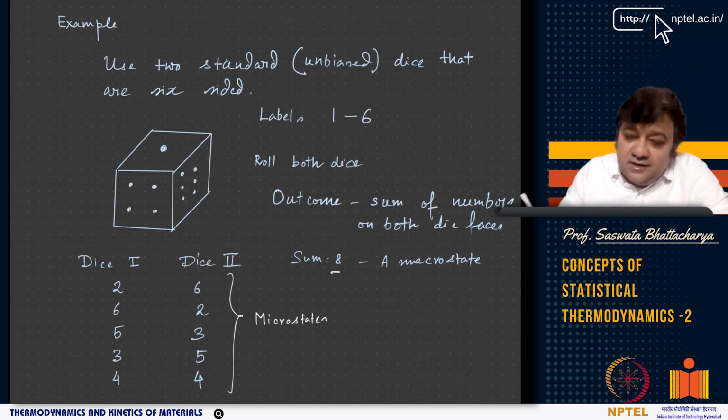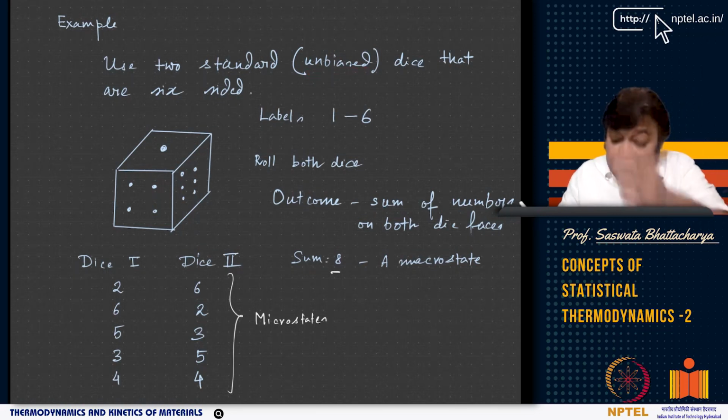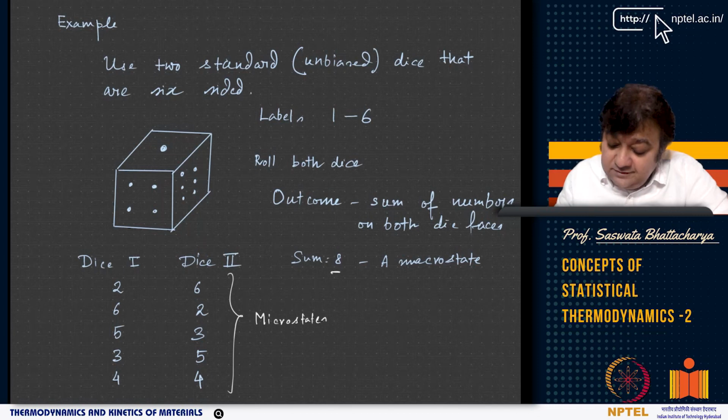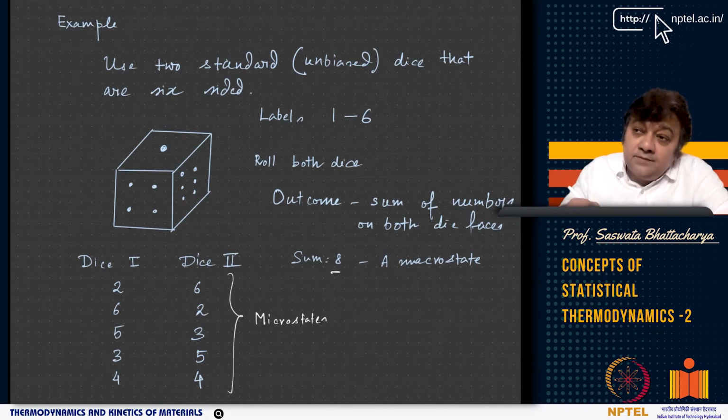Now if you roll 2 of these, and these are unbiased, you are rolling both the dice and you are seeing the outcome, and this outcome is what is going to provide the constraint.